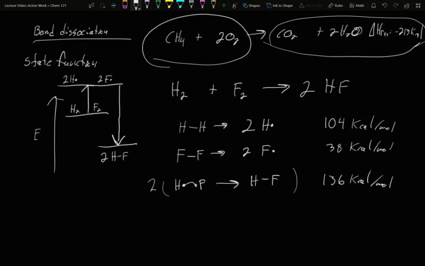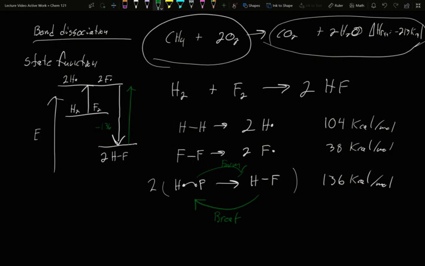Well, if I want to break HF apart, I'm just doing the reverse of forming it. To break a bond requires us to put in energy. If you form a bond, it gives away that exact amount of energy. So the fall from free atoms to HF is giving away 136 kcals.